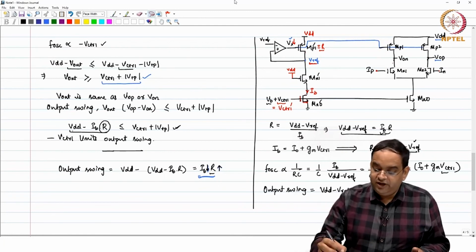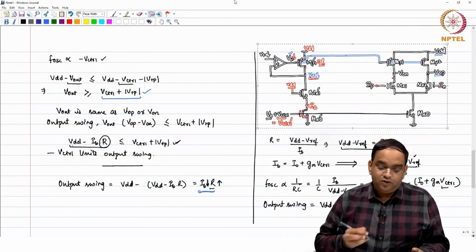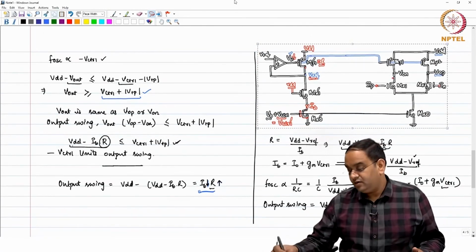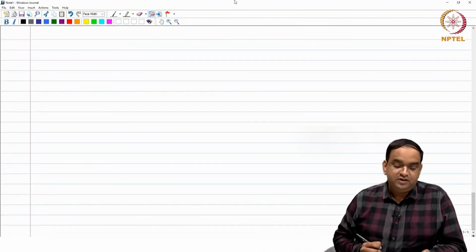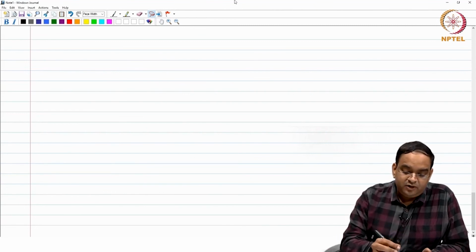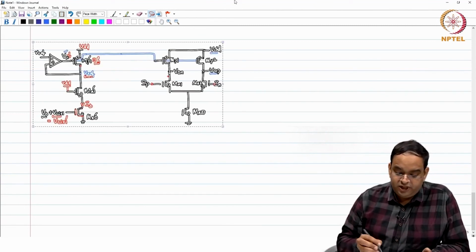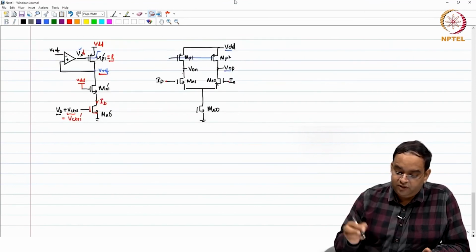Now, when you are going to design with transistors like this, you will see that the nonlinearity of this transistor Mn0 will affect your frequency gain with respect to the control voltage. So, if that is the case, what you can do is the following.